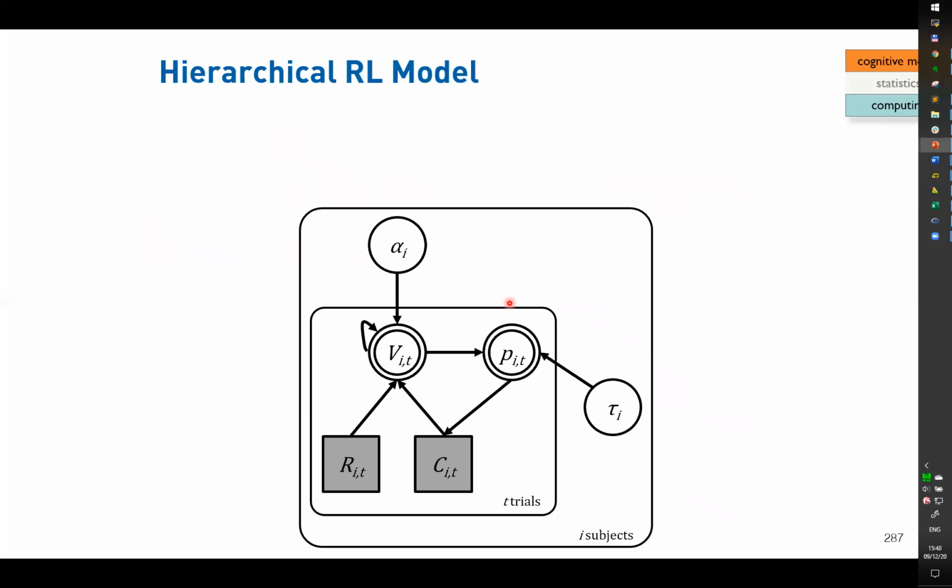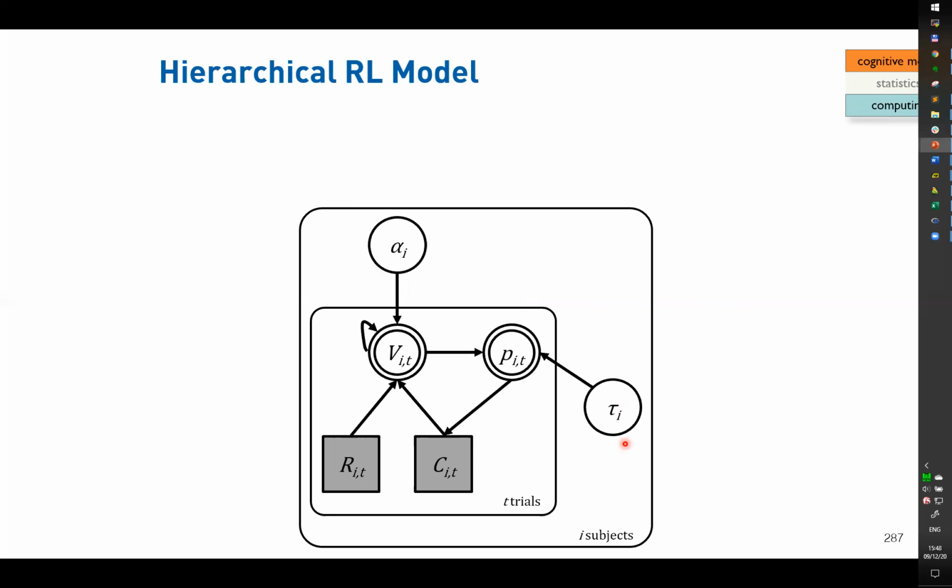So here, this is the previous graphic illustration where we fit all of the individuals independently. Now let's assume we would like to fit it hierarchically with group level distributions for the two parameters. One is the learning rate, the other one is tau. So what would you do?